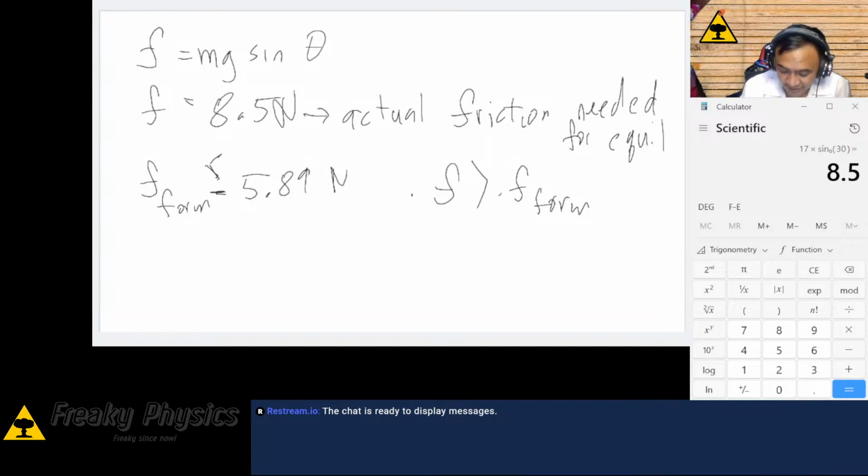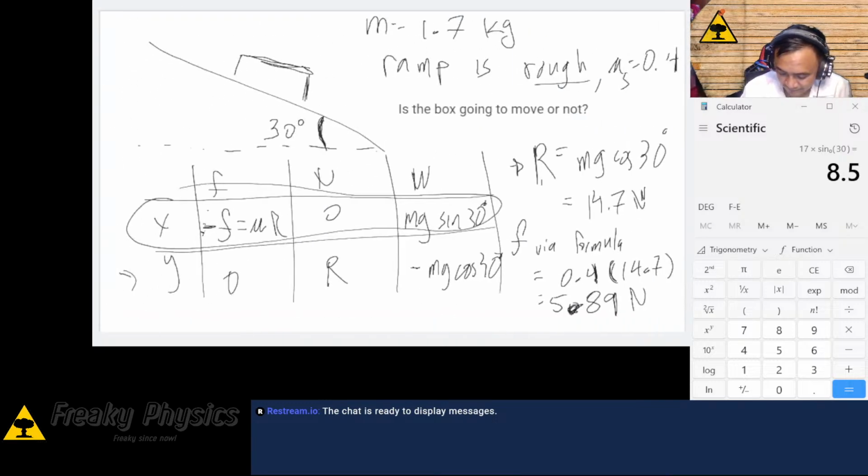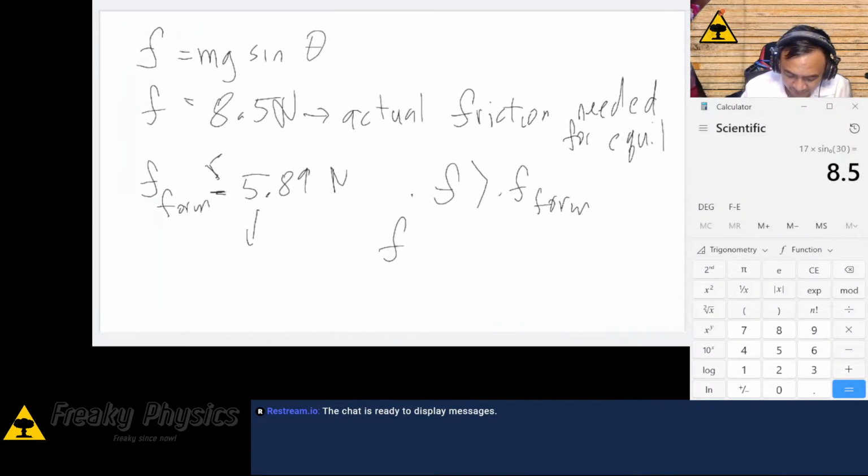I'll remove the word actual just to keep you not so confused. So 8.5 newtons is the friction needed for equilibrium, but this 5.89 is the friction actually present in the problem.